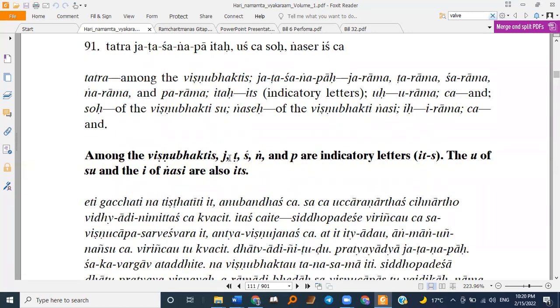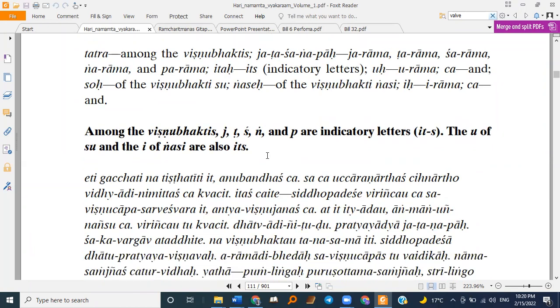If you can just look in your notebook or wherever you wrote it down, Ja in 1.3, Ta, Sha, Ng, Pa, they are all indicatory letters and they are in brackets, right? You can match them. Plus the U of Su, the very first one, and the E of Masi are also indicatory letters. I'll explain what an indicatory letter is.